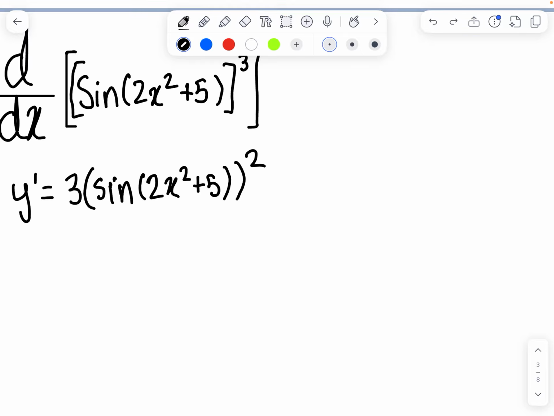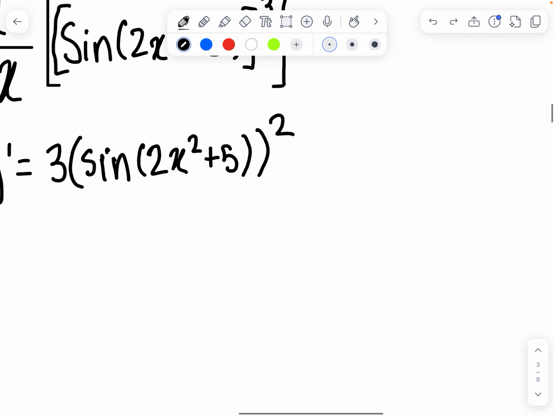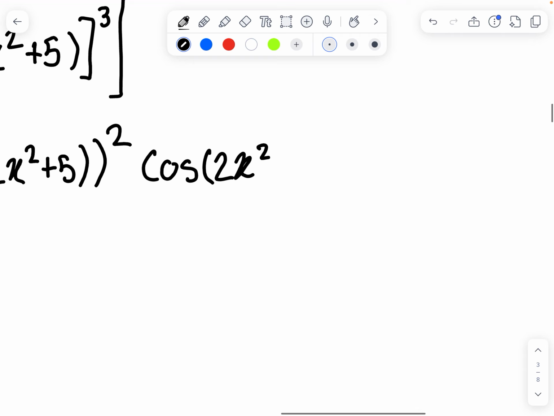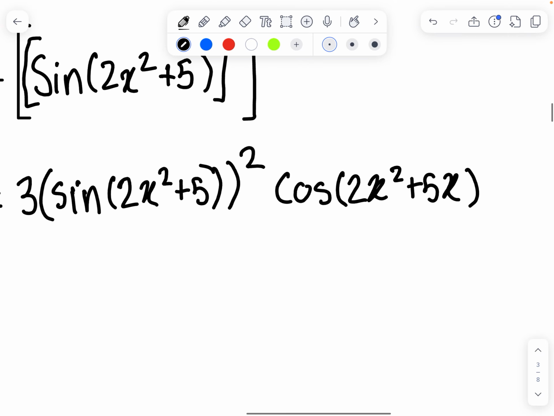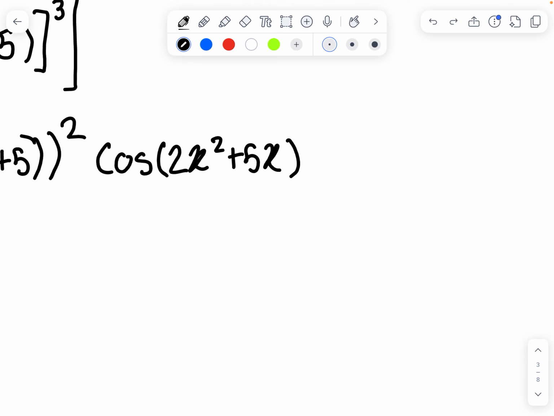The derivative of sine is cos. So the derivative is going to be multiplying by cosine of 2x squared plus 5x, multiplied by the derivative of this term, and multiplied by 4x.